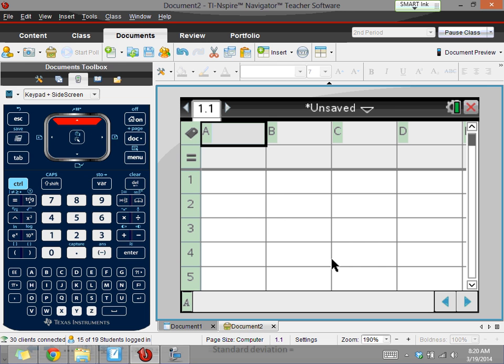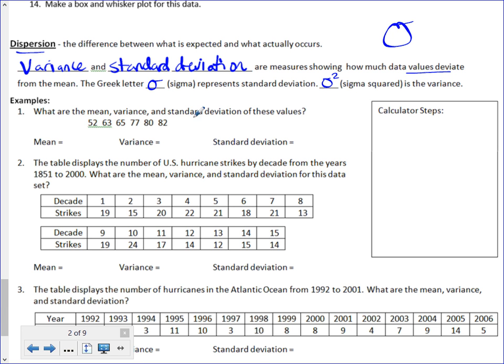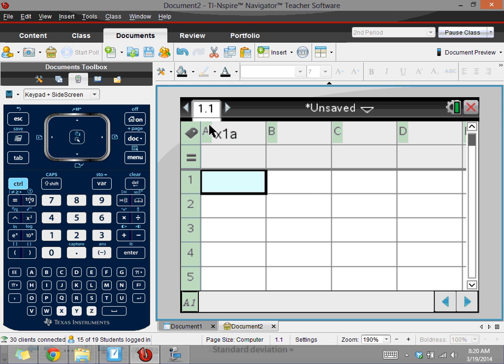Call it X1A. Get down into A1. Yeah, just let me know if I'm going too fast for you. Okay. What are the mean, variance, and standard deviation? 52, 63, 65.